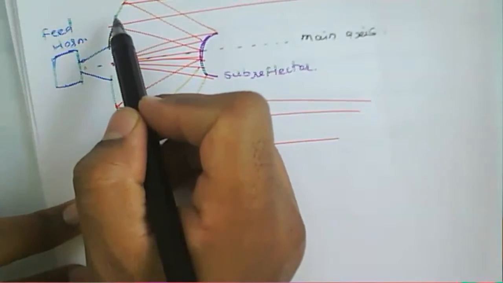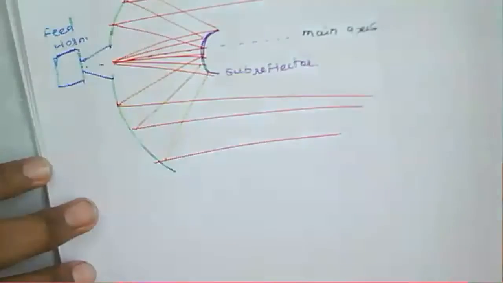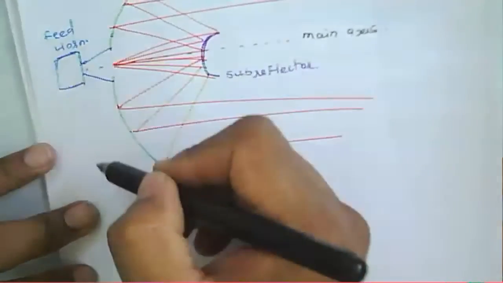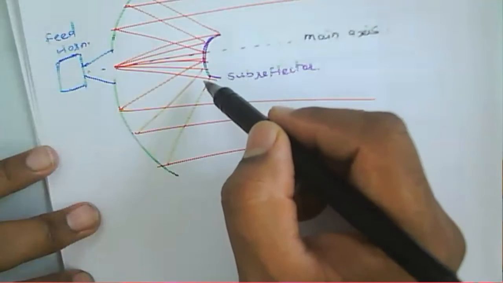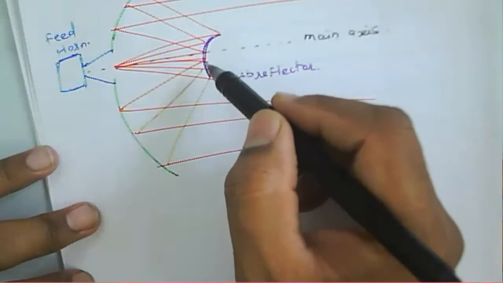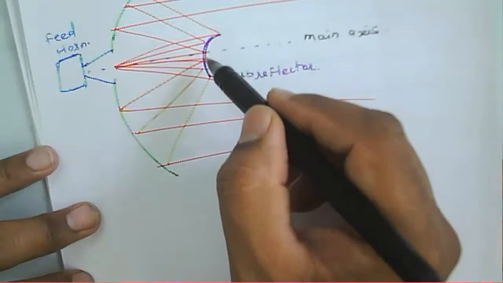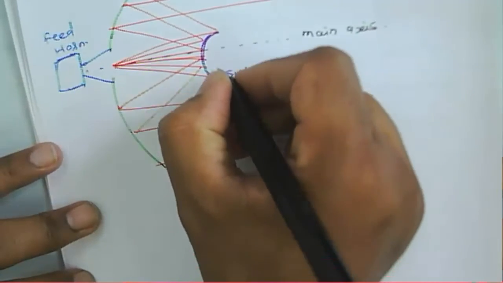The main reflector is parabolic in nature, and the sub reflector is very small and is placed at the focal point of the main reflector.